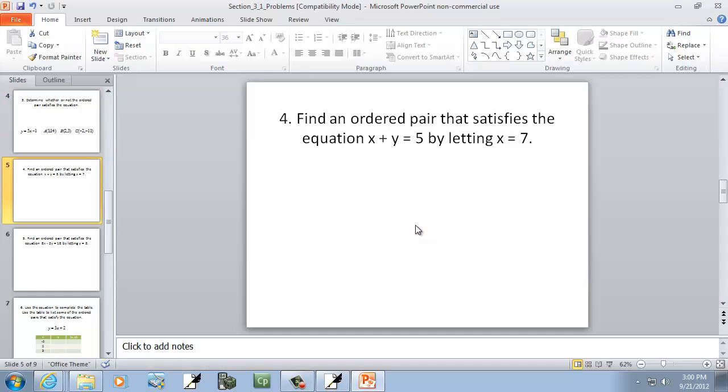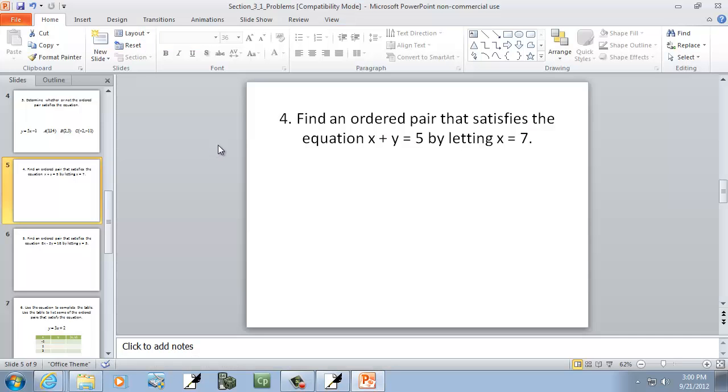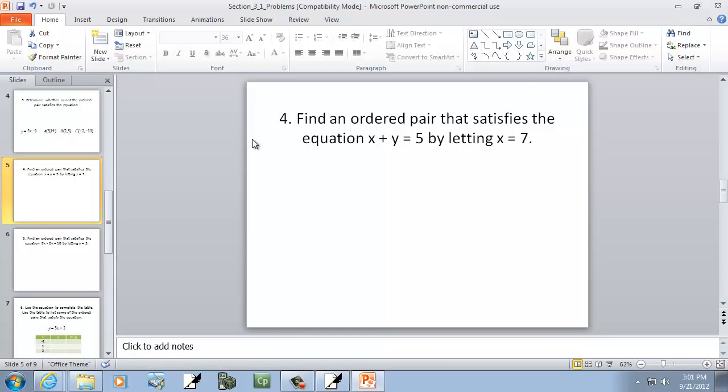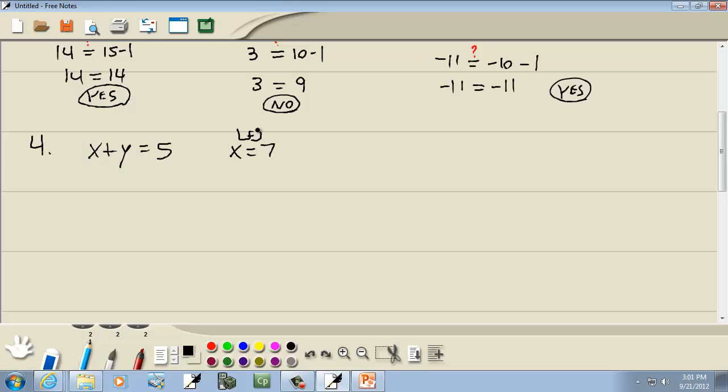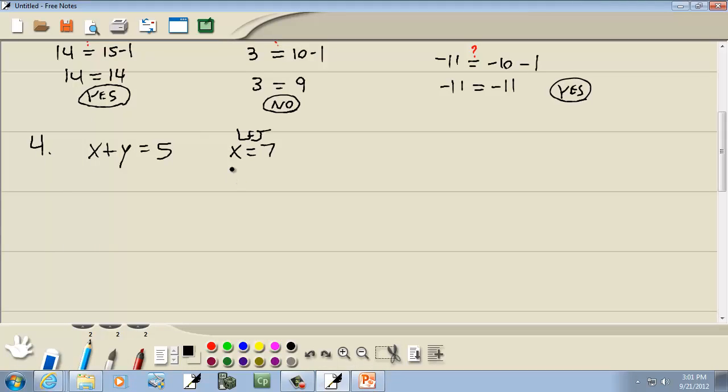Let's take a look at this one. We've got x plus y is equal to 5. And it wants us to let x equal 7. It says find an ordered pair that satisfies the equation x plus y by letting x equal 7.